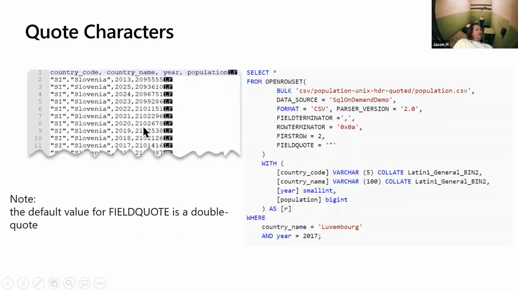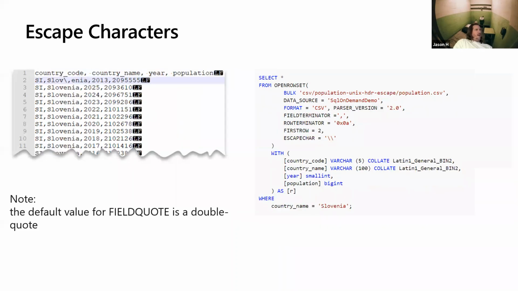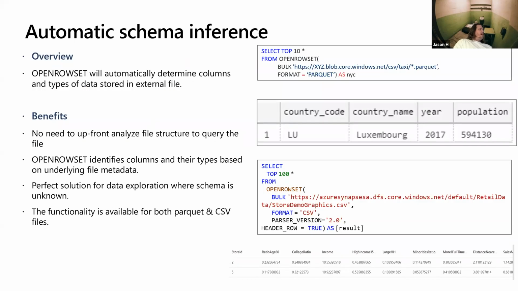I'm going to skip through some of this stuff because it's not super interesting, but just note that if I have strings that have commas inside them, I can specify a field quote. In this case, it's a double quote to escape it. And if I have characters that I really want to escape, I can do that by defining an escape character too.